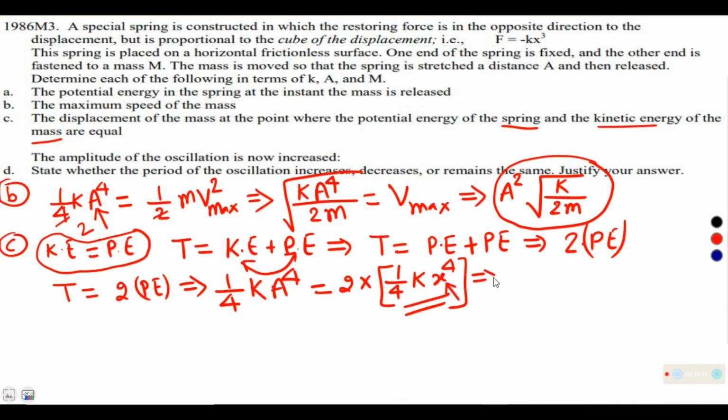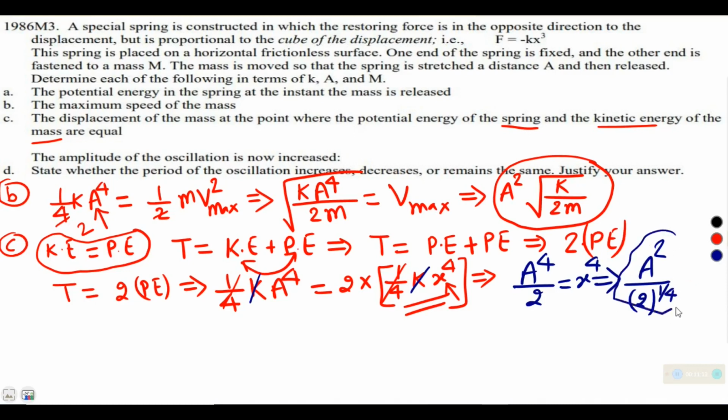When we solve this, 1 by 4 gets cancelled out, and k and k get cancelled out. So we get a raised to power 4 divided by 2 is equal to x raised to power 4. From here, x is a square upon 2 raised to power 1 by 4. So this is the answer of part C.